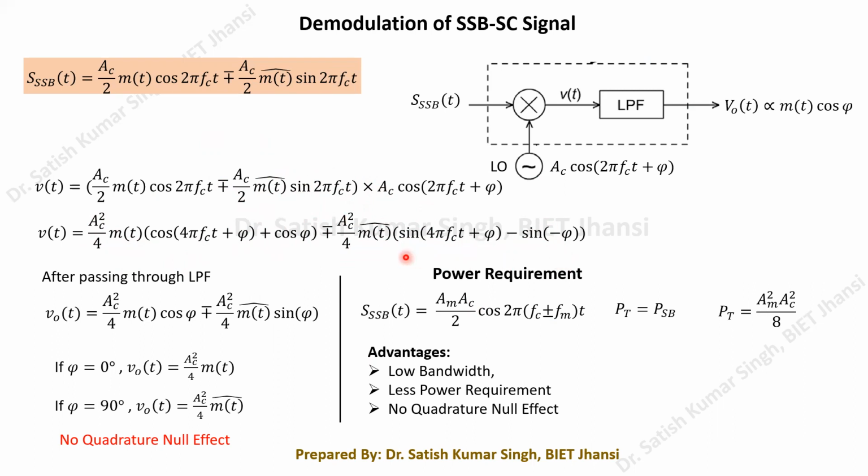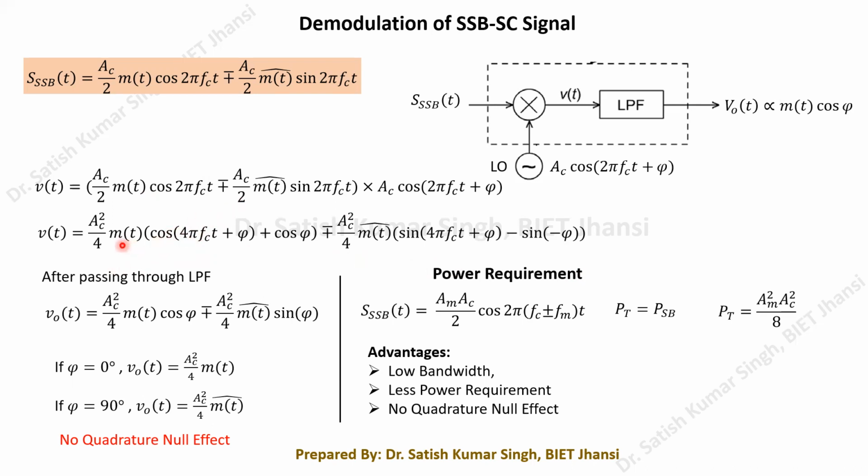Once we get this expression, we can see directly from this time domain expression itself that there is one component which is shifted around 2fc frequency. Here you can see that it is a high frequency component.